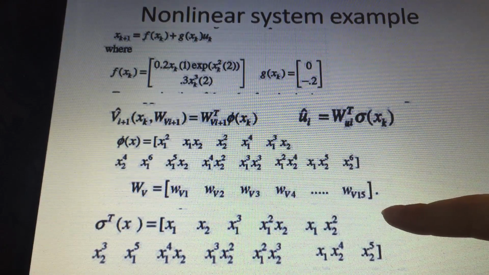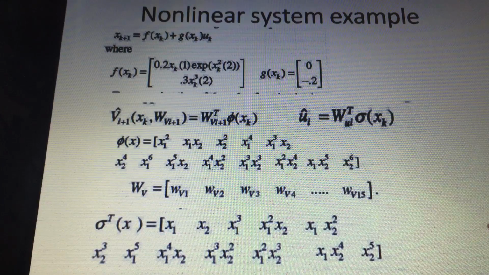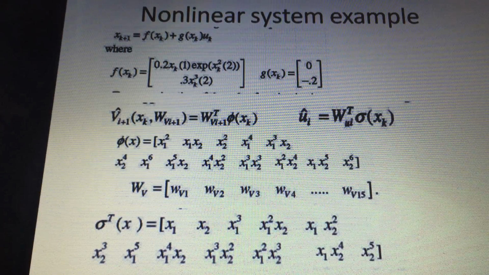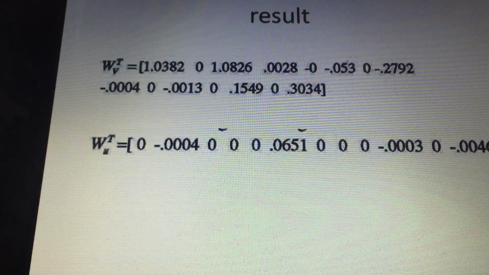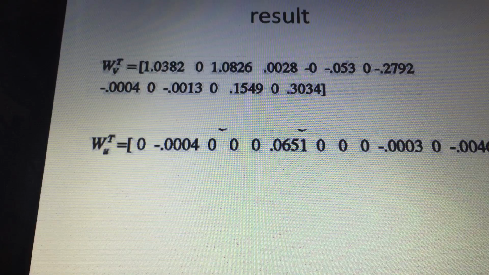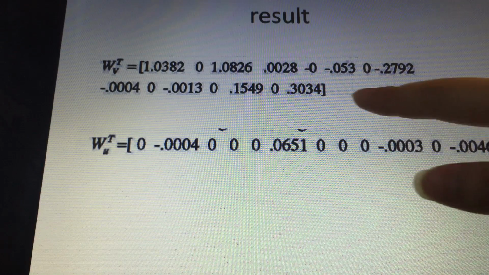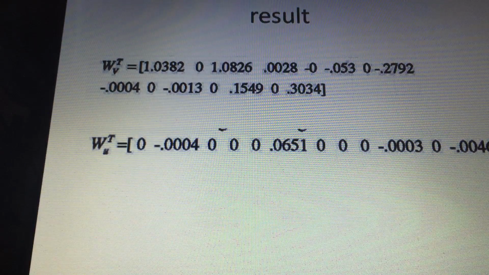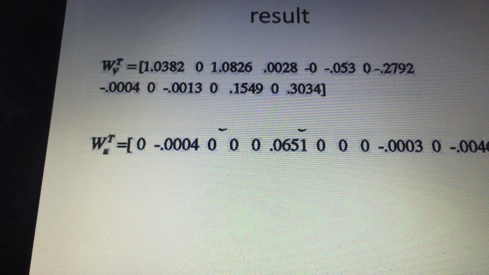Wv is the weight of the functions. And this one will be the vector for the network approximating the control. With the MATLAB calculations, we get the results: the value function weight converges to Wv, and the control weight converges to these vectors.